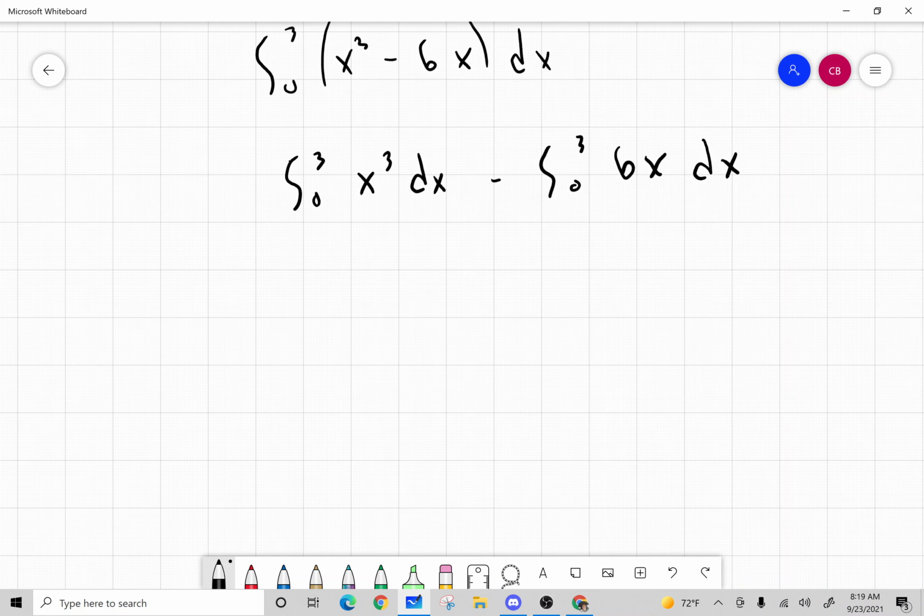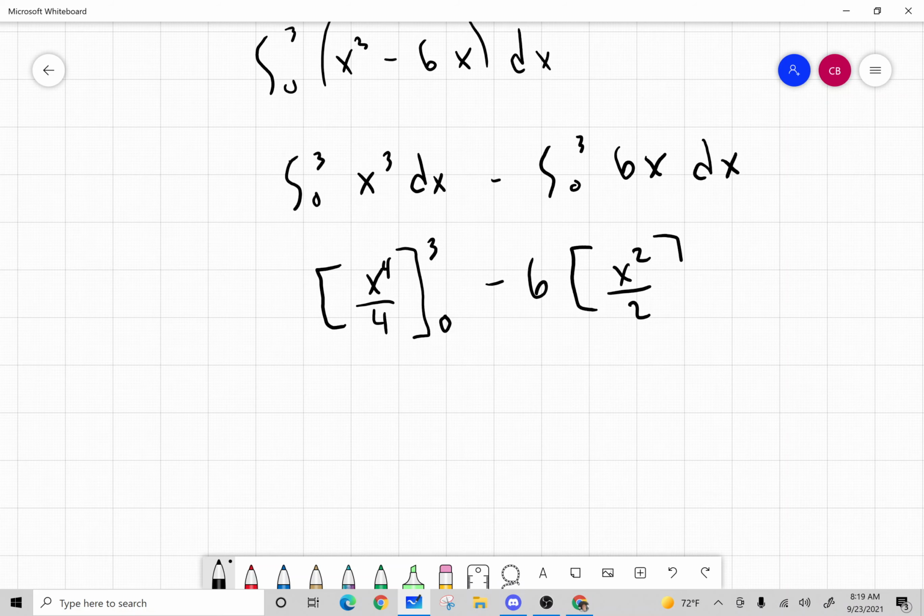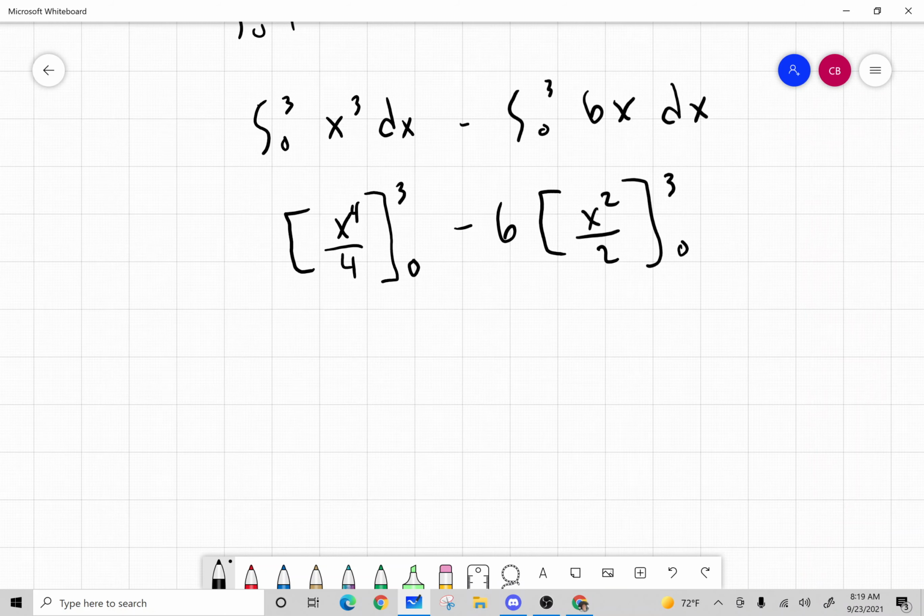Okay, and then I'm just going to do the integral right away. This is going to be x to the fourth over 4, from 3 to 0, minus, we can pull out a 6. The integral of x, we raise it to the second power, divide by 2, from 3 to 0.